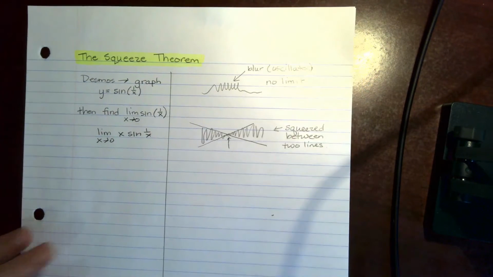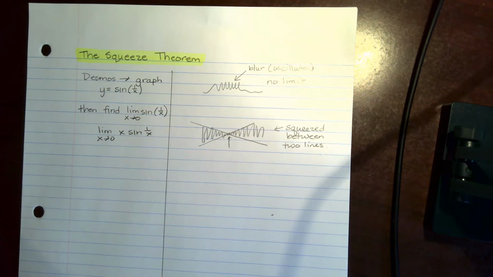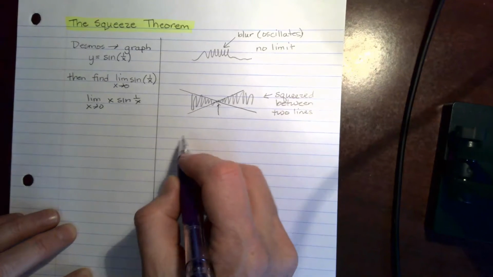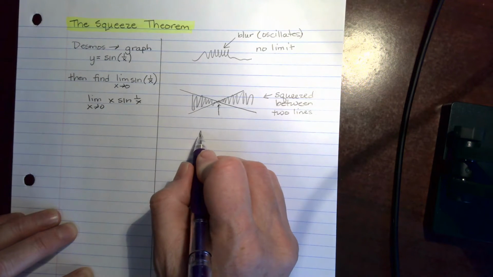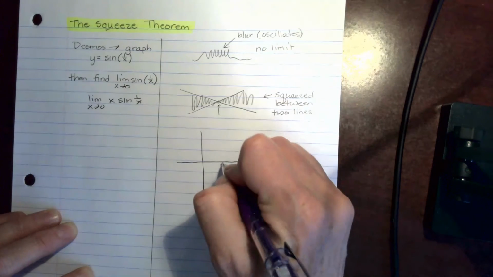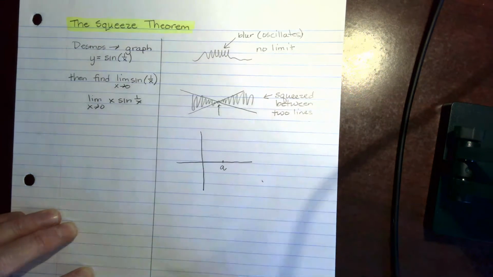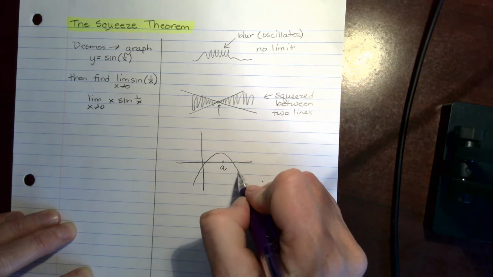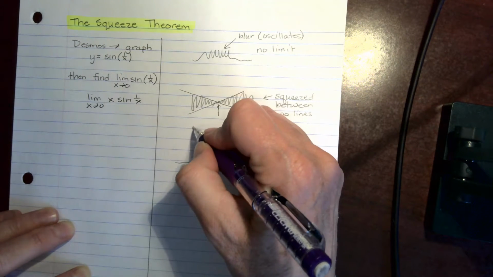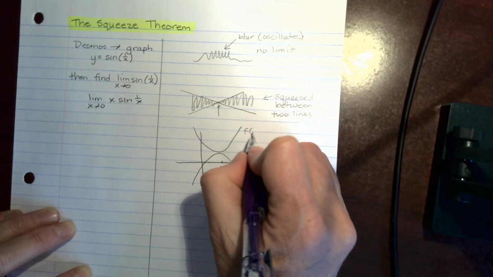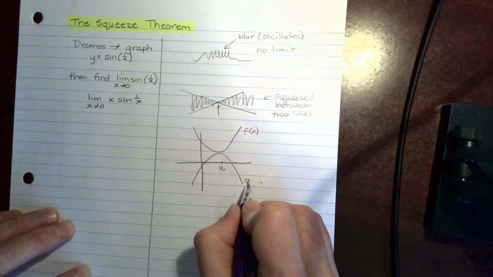Okay, so let's look at what the squeeze theorem says. Basically it says, let's say you have some function that can be squeezed between two other functions. I'm just going to make these two functions here. I'm going to call this one f of x, and this one g of x.